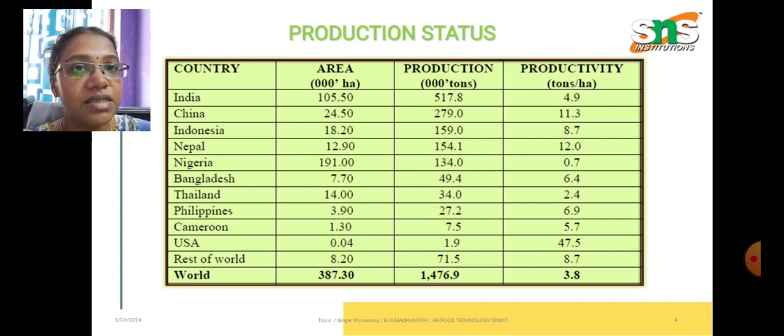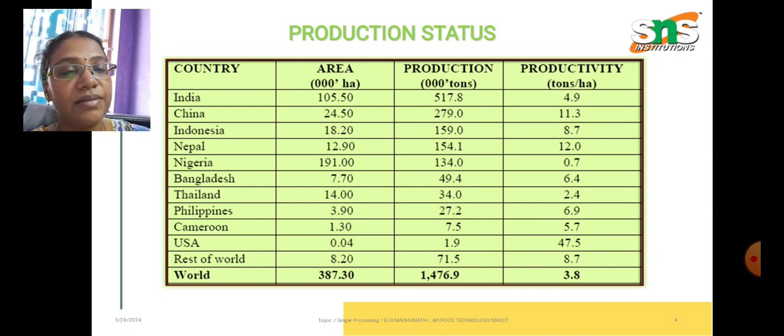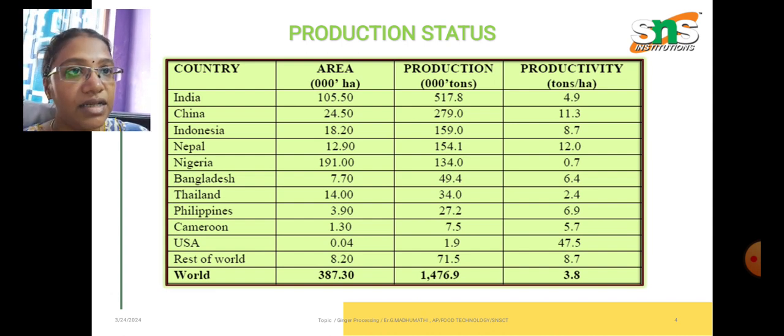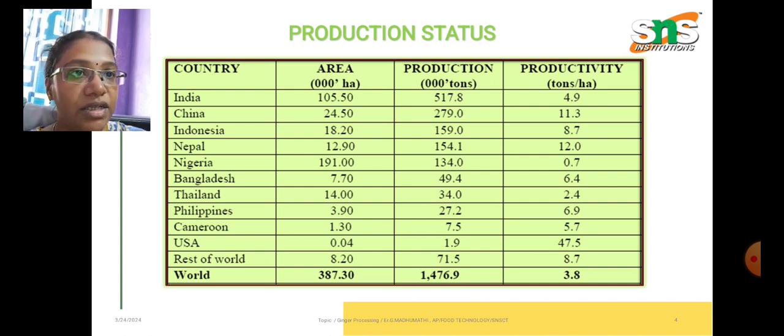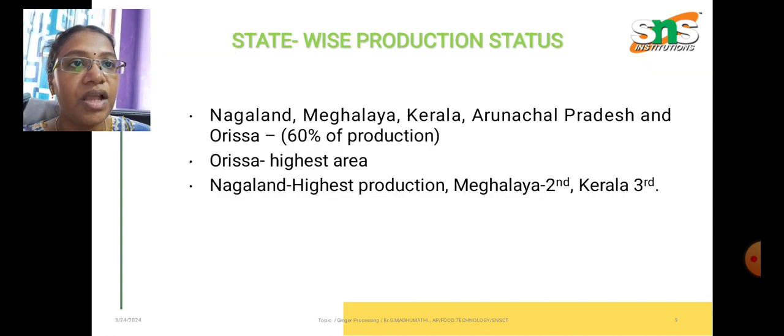As per this table, the maximum area where they cultivate is in the country Nigeria only, 191 hectares, where the production is less, only 134 tons, whereas the highest production is in India. So the area is lesser, but still the productivity and the production is comparatively higher.